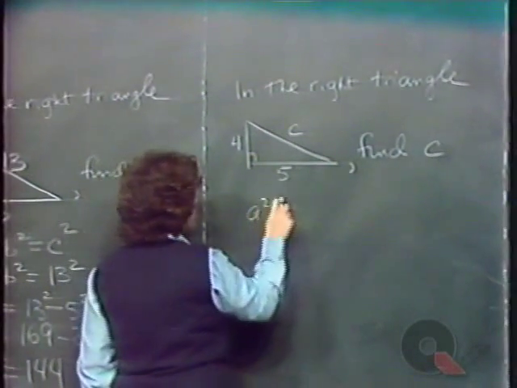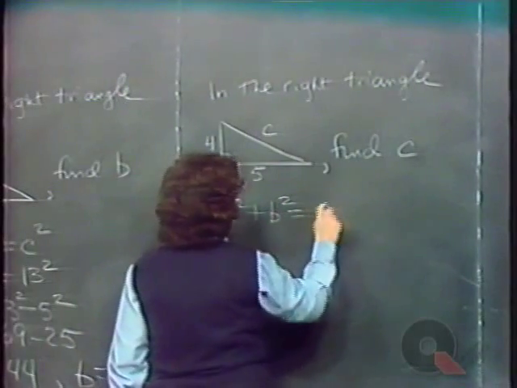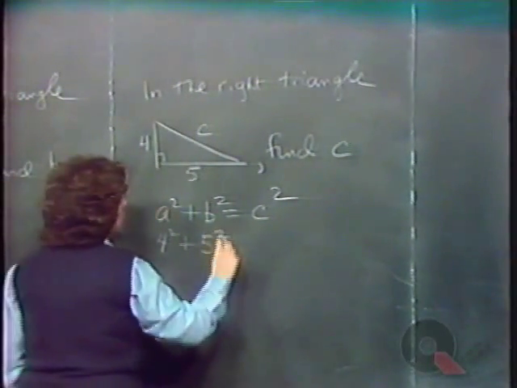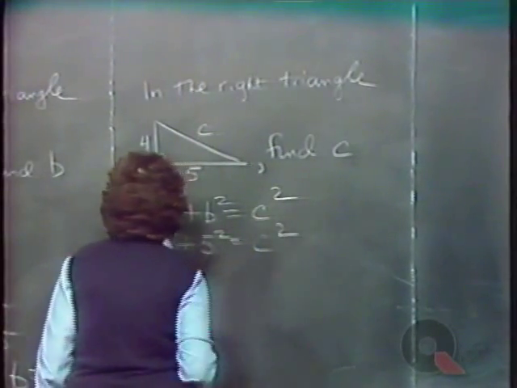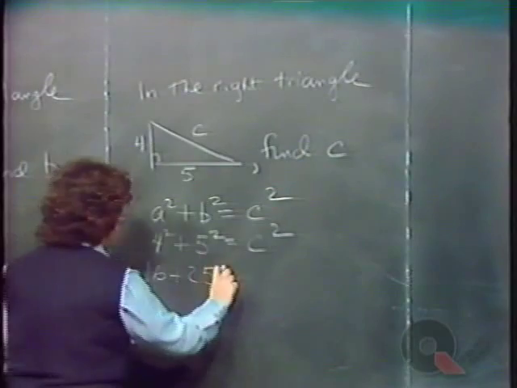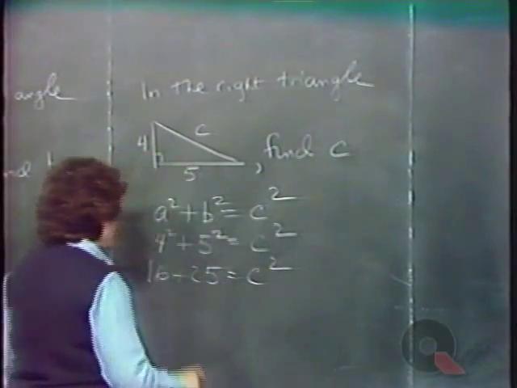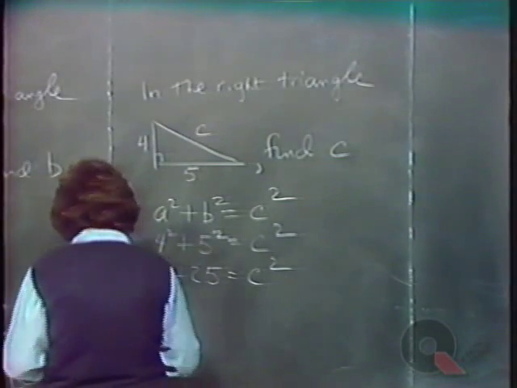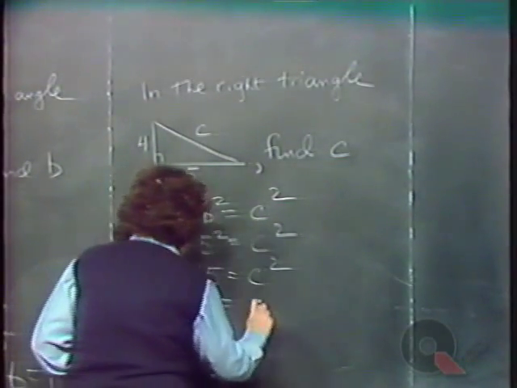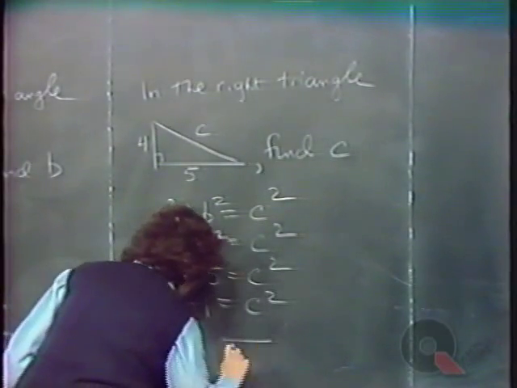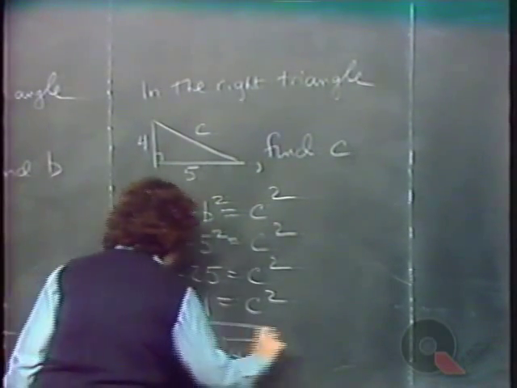So let's try it. A squared plus B squared is equal to C squared. 4 squared plus 5 squared is equal to C squared. 16 plus 25 is equal to C squared. 16 plus 25 comes out to be 41. 41 is equal to C squared, and C is the positive square root of 41 would be the answer.